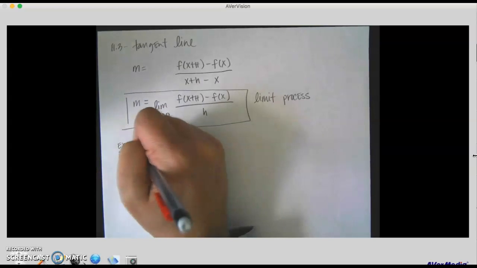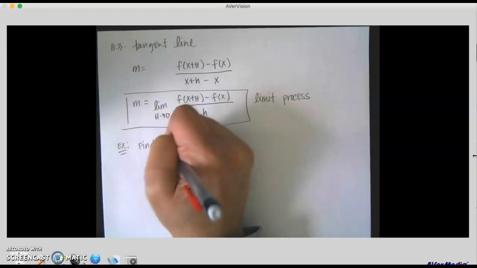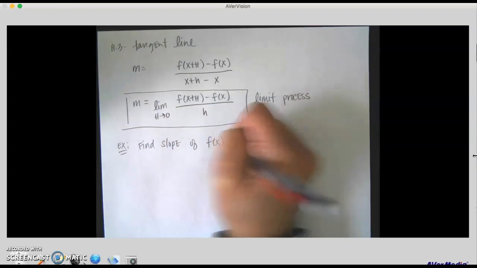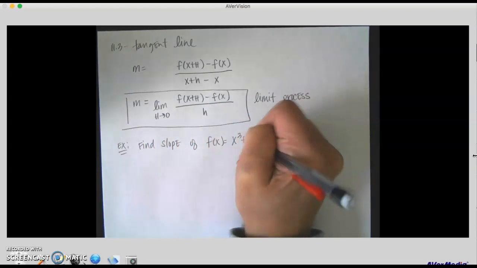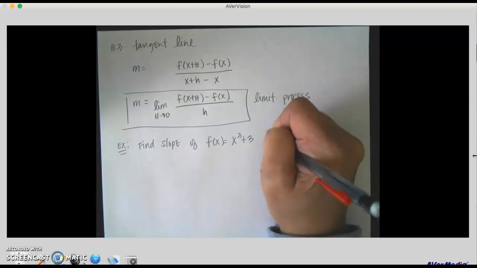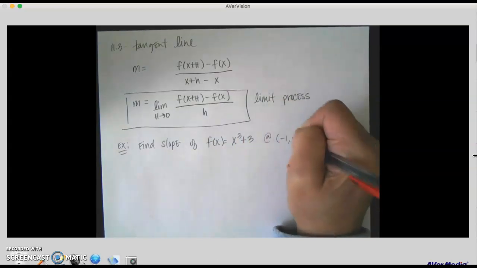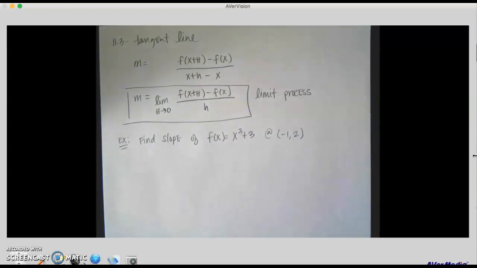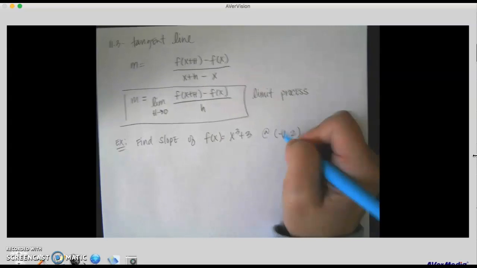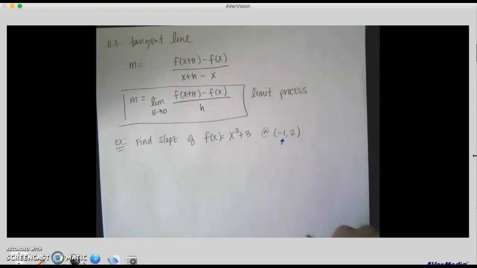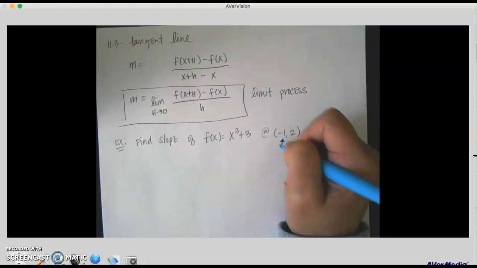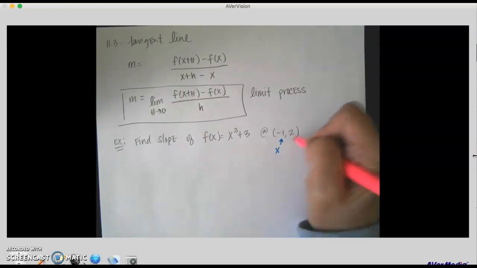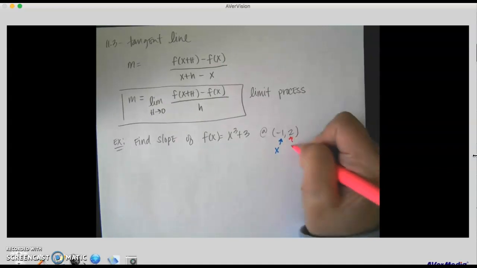To find the slope of a given function, and these are all about curves, right, at a certain coordinate point. So at the point -1 and 2. Now, our -1, because this is our point of tangency, that's going to be our x, and our y value is our f of x.